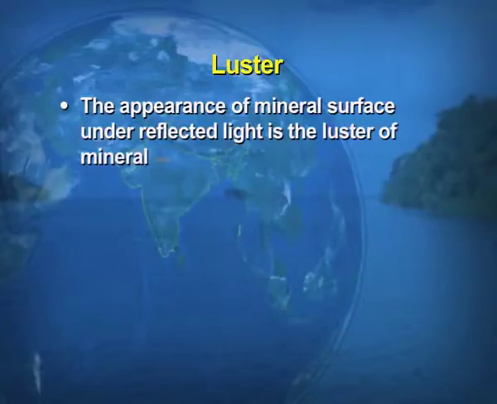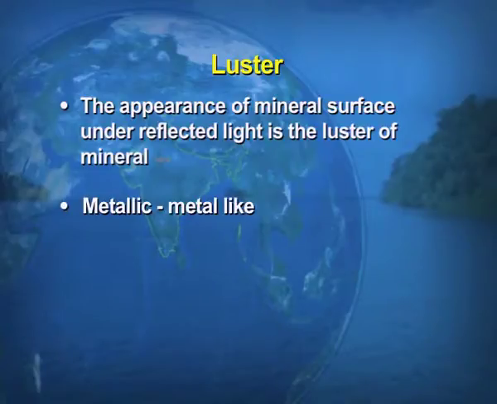Now, the second property of the mineral is the luster. Luster means the shine, how the mineral shines. The appearance of the mineral surface under the reflected light is known as the luster of the mineral. Normally, we use terms like metallic luster, that means it is like a metal.